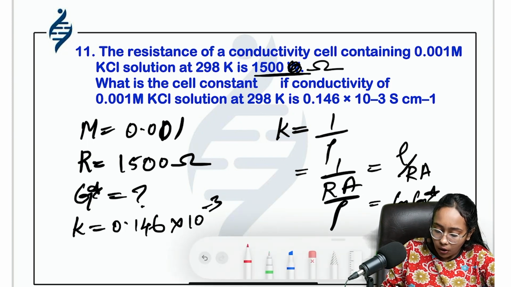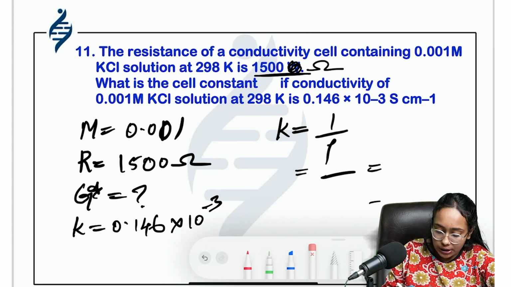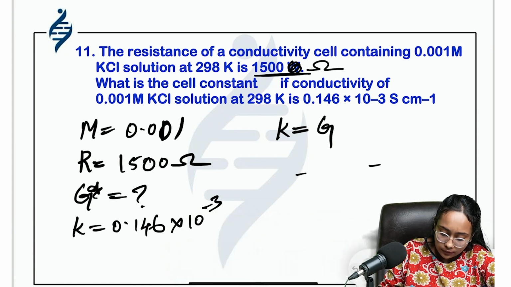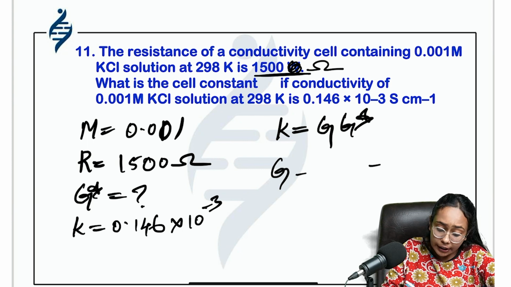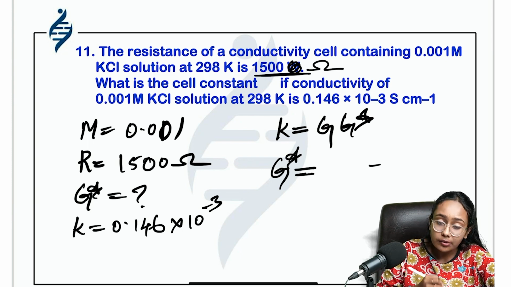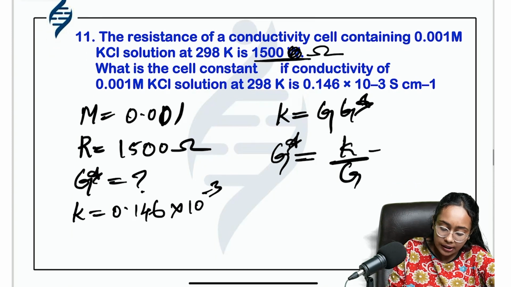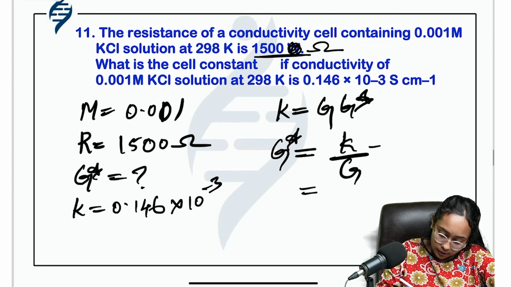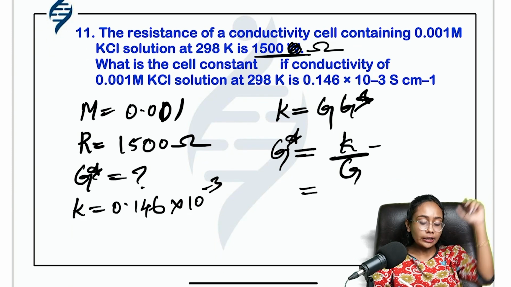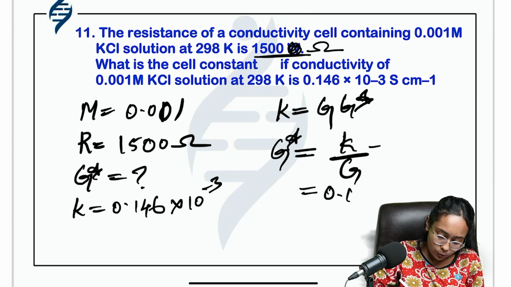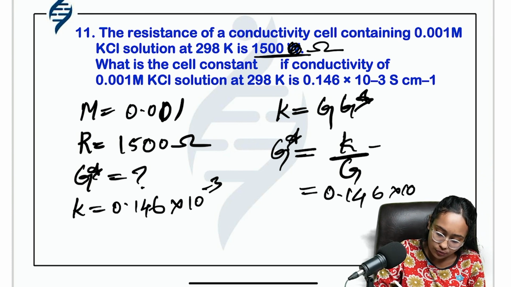So substituting all the values here, I need to find the G star value. G star means the cell constant value. It is actually K by G, right? Where K is the conductivity, that is 0.146 into 10 raised to minus 3.